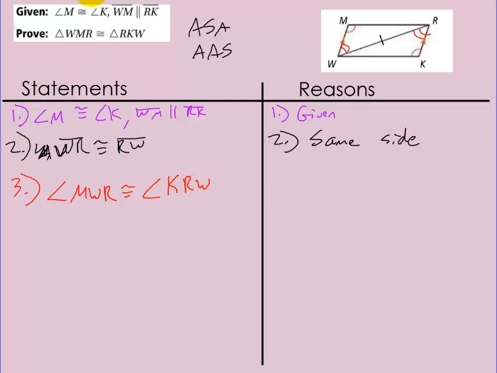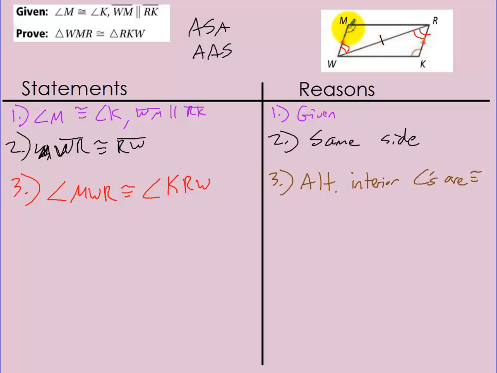Why can we say those are congruent? Since these are parallels and RW is the transversal, these are called interior angles and they're on alternate sides of the transversal, so we can say alternate interior angles are congruent. And that's what we learned in the last chapter.